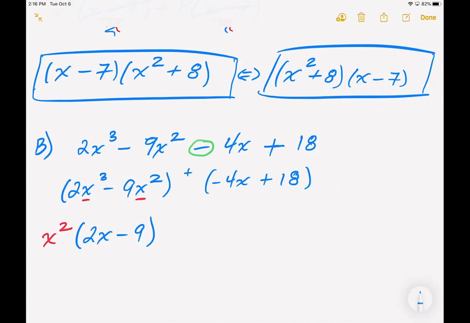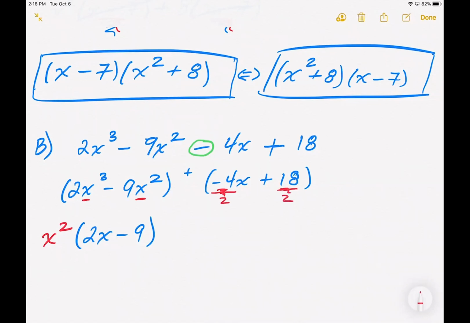And now this here, ladies and gentlemen, this is what you need to tell yourself. Because you include the negative, when you factor out, you need to factor out a negative. Between a -4 and an 18, what can you factor out? Well, we know that we can factor out a 2, because as long as they are even, we can take out a 2.